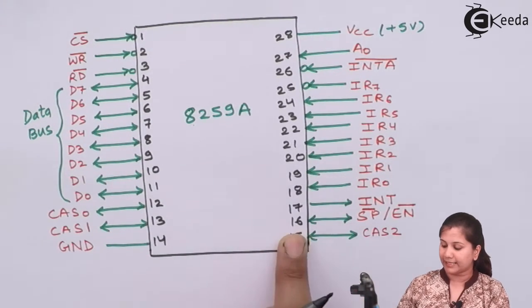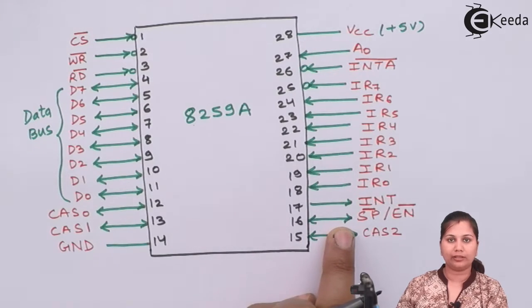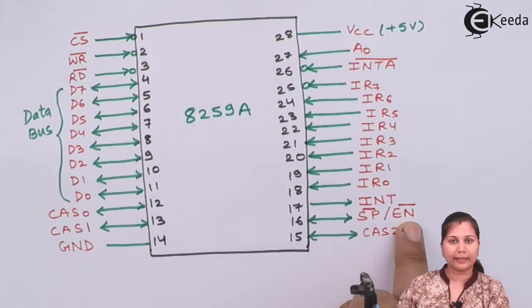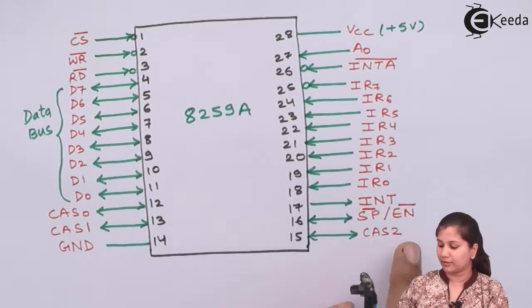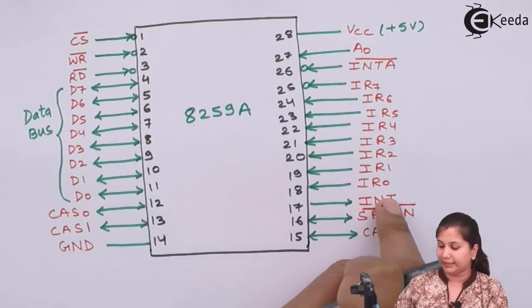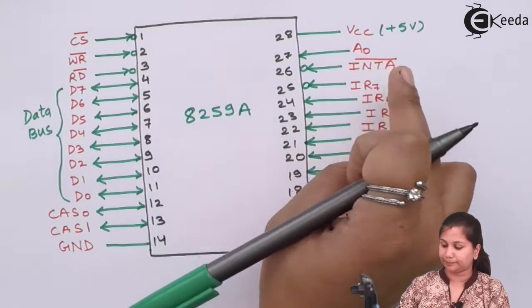Then 16 is again a bidirectional signal, which is the slave program or enable signal. These are two active low signals, so it also has a bar over it. Then we have INT and INTA bar.